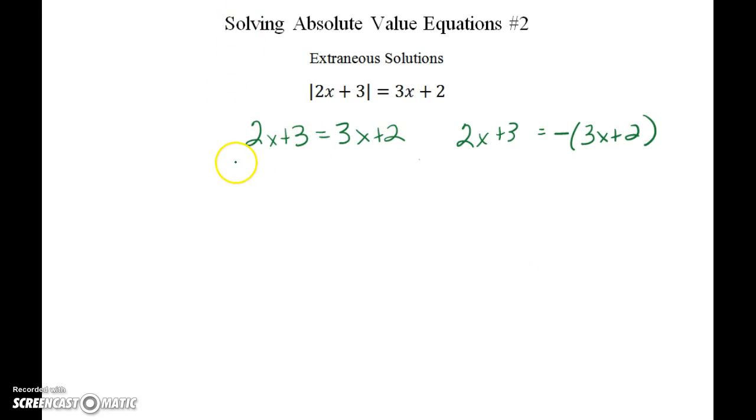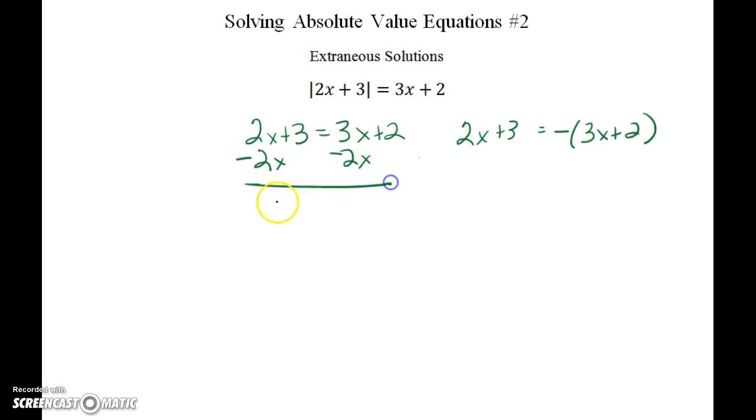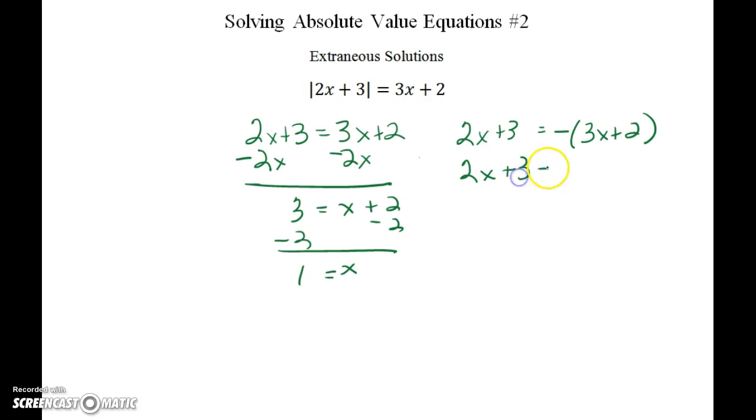You guys know how to solve this. I'm going to subtract 2x. So I start with 3 equals x plus 2, and I'm going to subtract 2 from both sides, so I get x equals 1. And then for the other equation, I'm going to first distribute out my negative. So I get negative 3x minus 2. And now I'm going to solve it just like I did the other one. In this case, I'm going to add 3x to both sides.